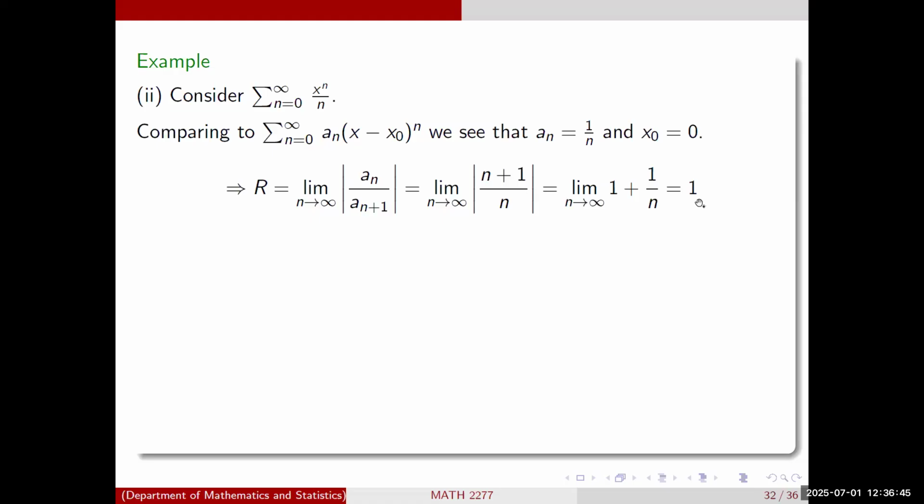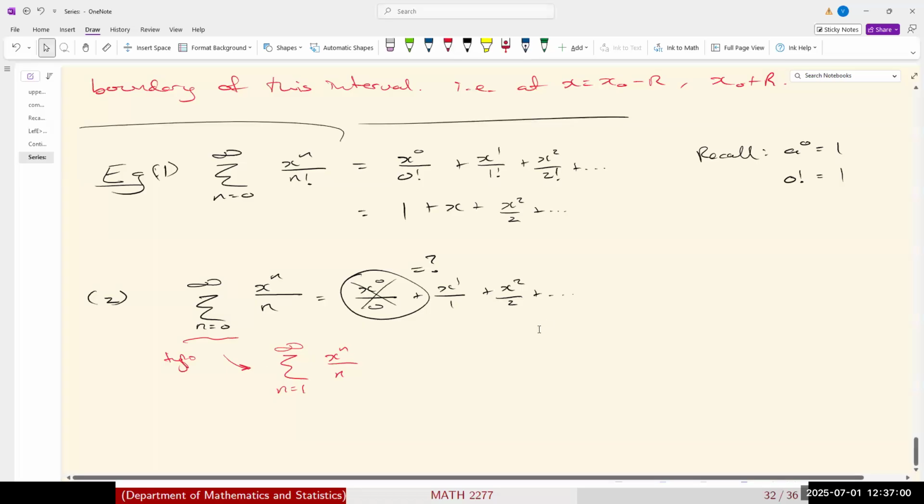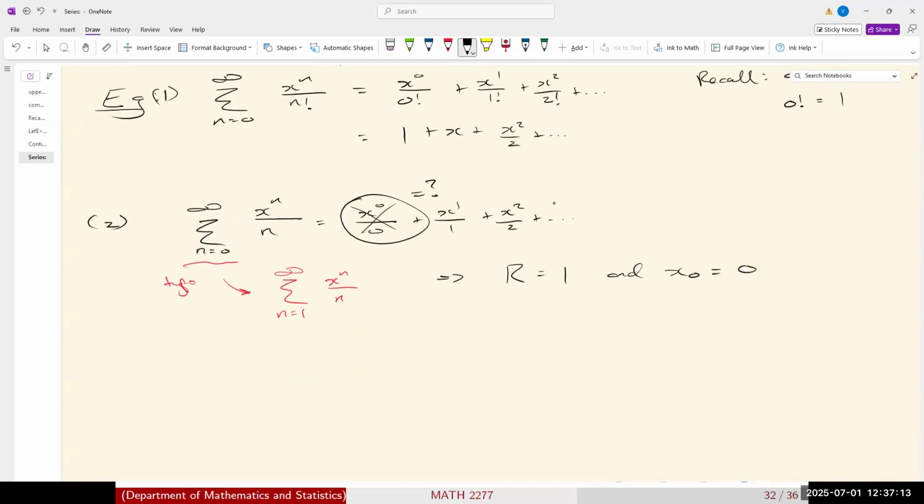So now write down the interval of convergence, right? So therefore, the series converges absolutely when, so you don't need to write it down like this, right? If you want to, you just give me it in the form of an open interval. In this case, the radius of convergence is 1, and the center is 0, right?